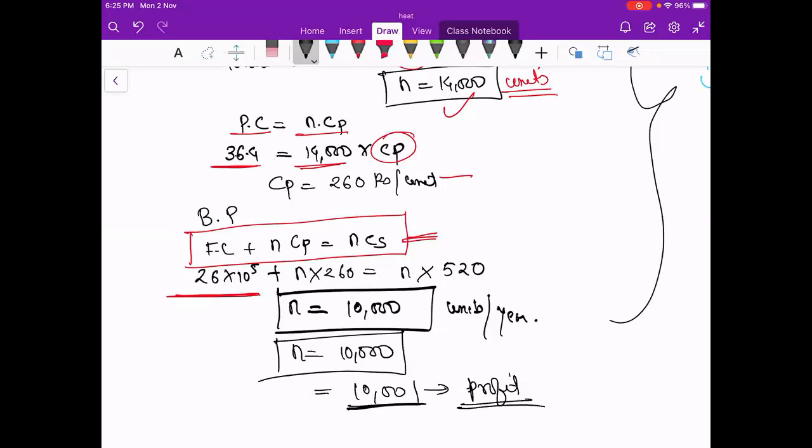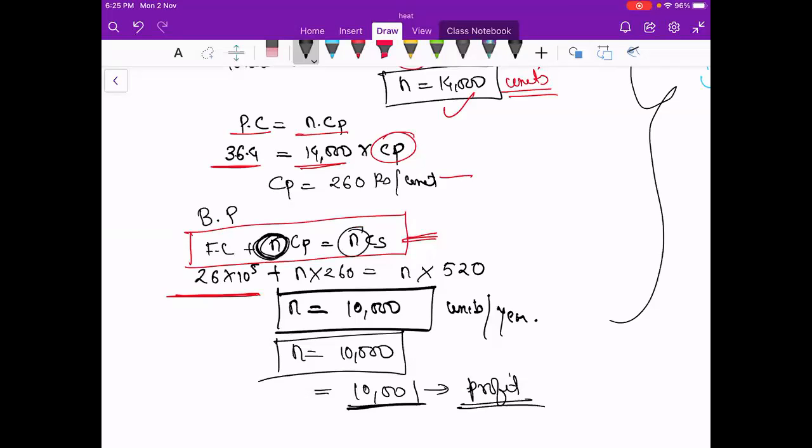Why do we not use the number of products on the LHS? It is there. What is this? This is LHS. And this is RHS.